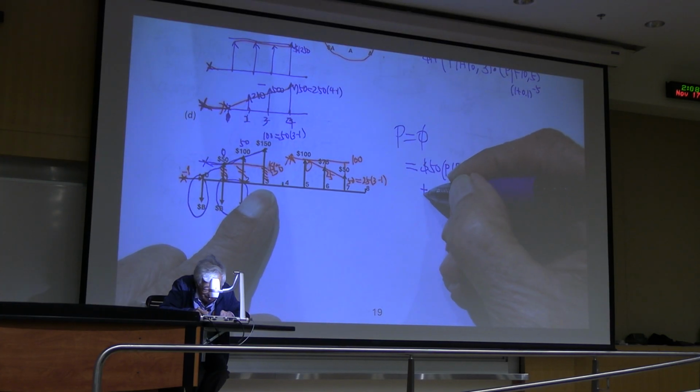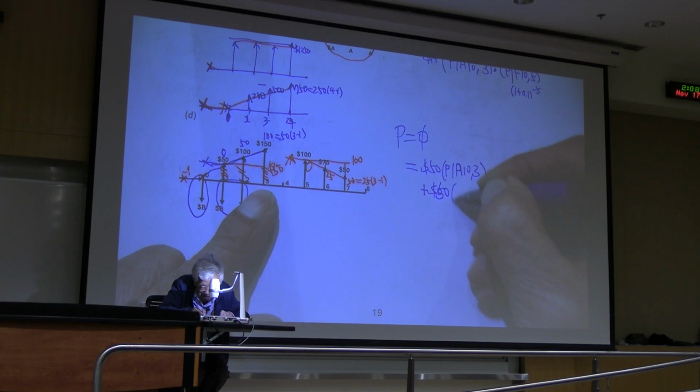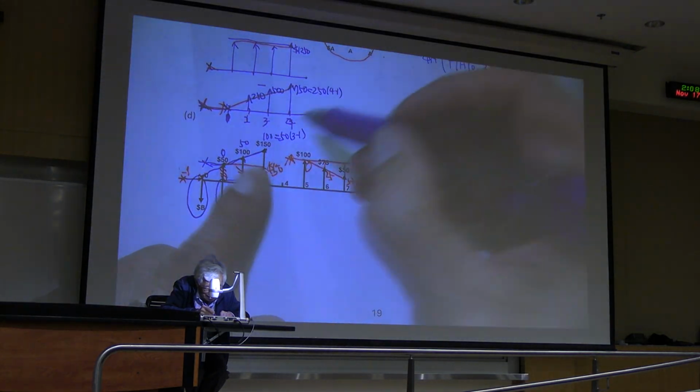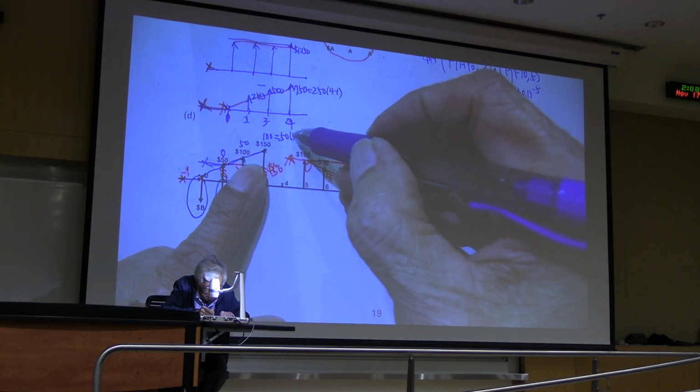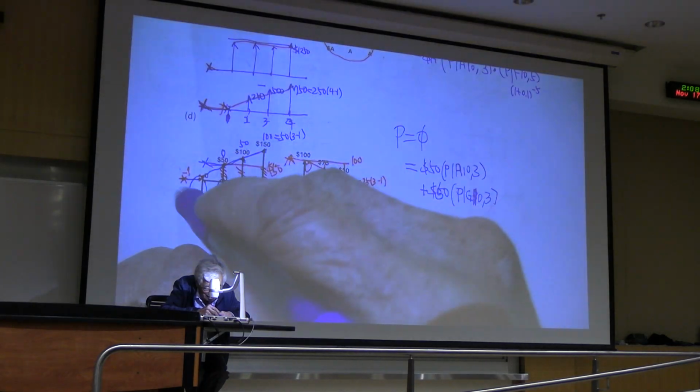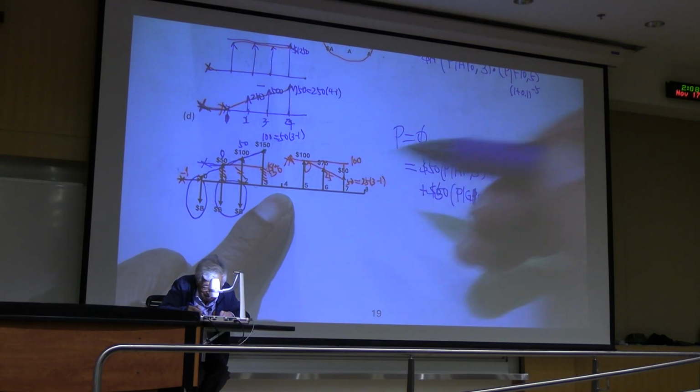Plus 50 given G to find P, 10, 3. 100 is 50, 3 minus 1. That is this term.